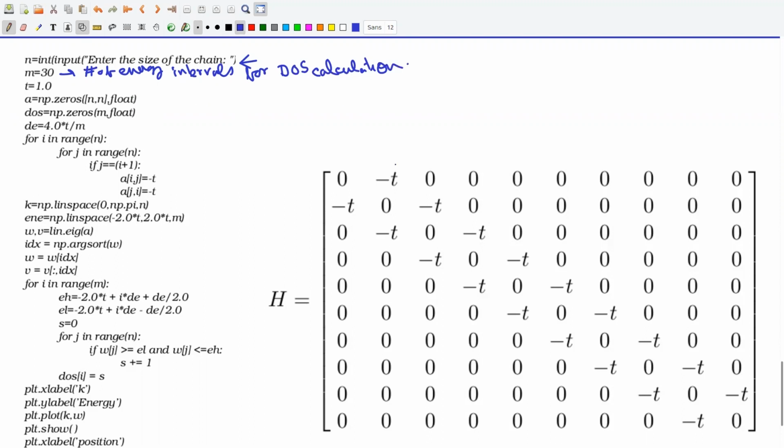T has the dimension of energy. I create the n cross n Hamiltonian matrix in this step. This is an array to store the values of density of states. dE is the energy interval for density of states calculation.